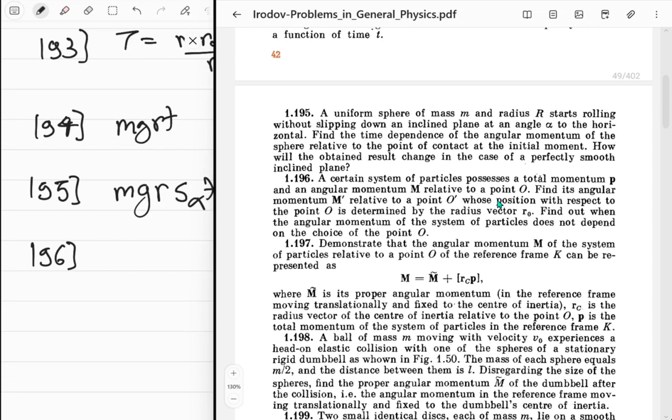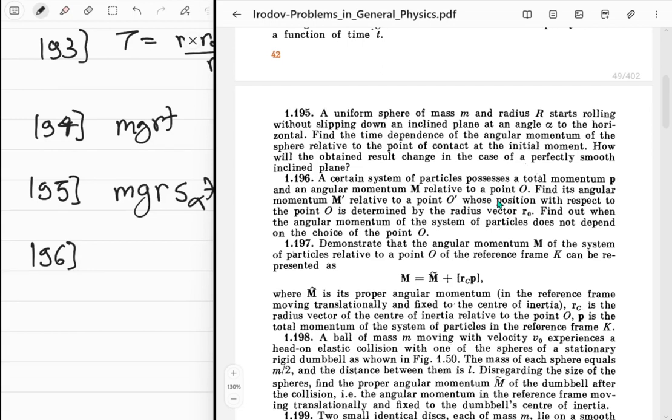Right, the radius vector is given by r naught. So you want to shift to some point like that. It will be independent when the middle term that you always get cancels out, like for the center of mass and stuff like that, right? But if it doesn't.